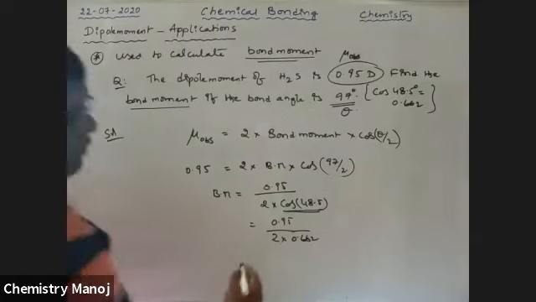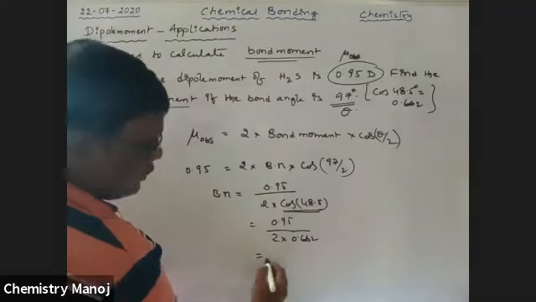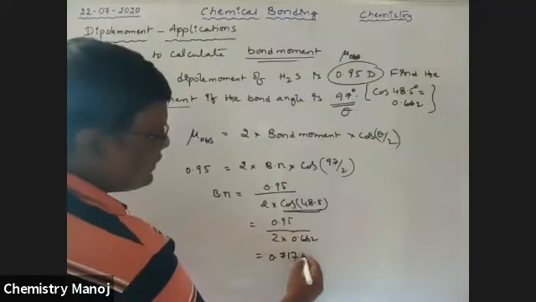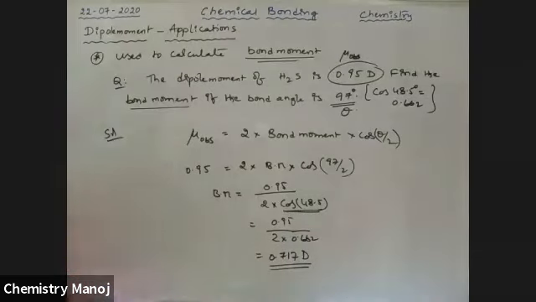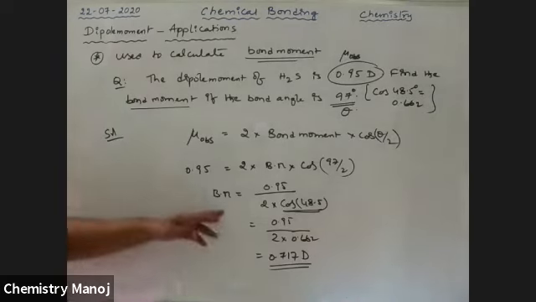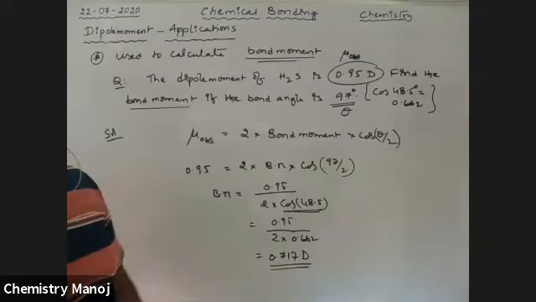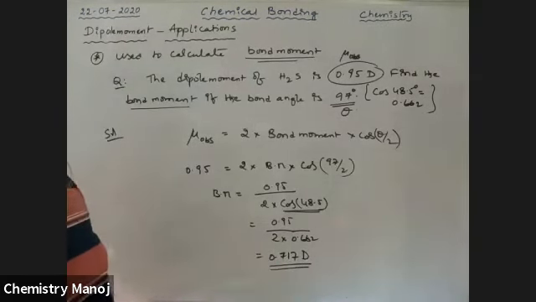Finally, we get the answer, 0.717 Debye. Bond moment also has the units of dipole moment. So 0.717 is the way to calculate bond moment.